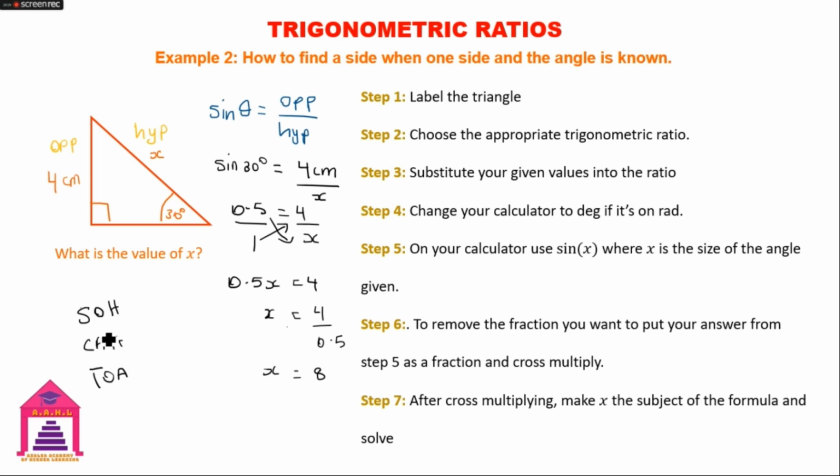Cosine theta is equal to adjacent over hypotenuse. And tan theta is equal to opposite over adjacent. Sine is the one we're going for, and I will write it here. We're going to substitute our values.